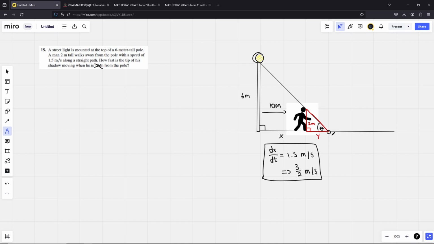We want the tip of the shadow. So we can say the tip of the shadow is the same thing as x plus y. And if I want to know how fast the tip of the shadow is moving, I'm going to take the derivative of this with respect to time. So this is what we want.